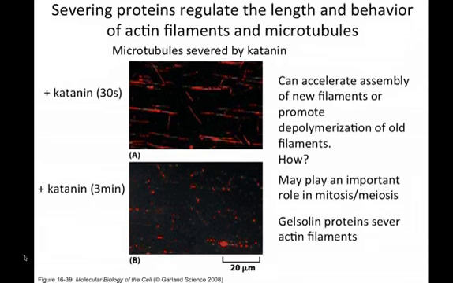Okay, so then we finished talking about the severing proteins and how they regulate length and behavior of actin filaments and microtubules. The way you could think of it is they can disassemble, but they can also encourage reassembly by increasing the concentration of subunits available.